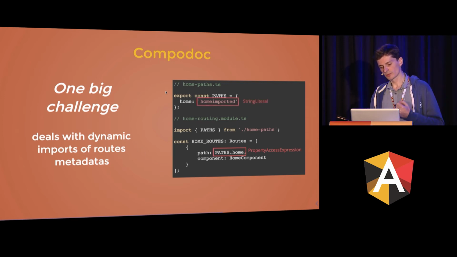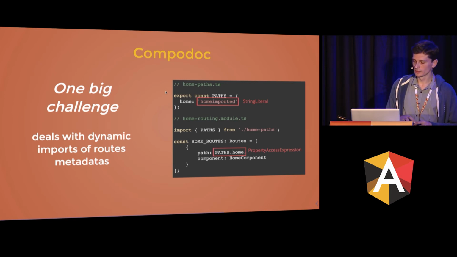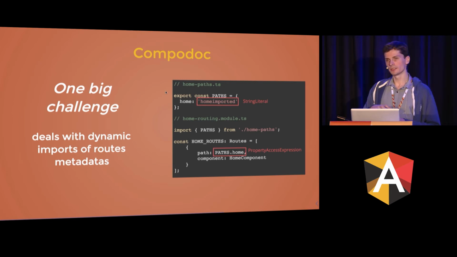By using the project we have seen before, ts-simple-ast, we can manage to detect that it is a dynamic value, and try to find it inside the imports or local variables of the file. And if it's from an import, you can parse the path.